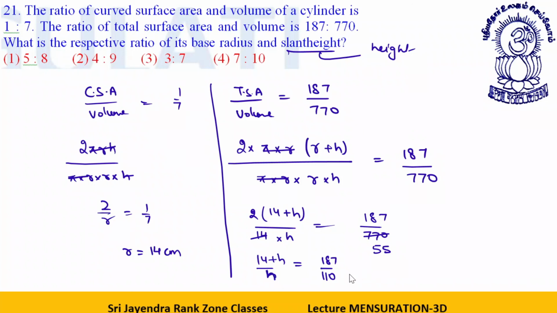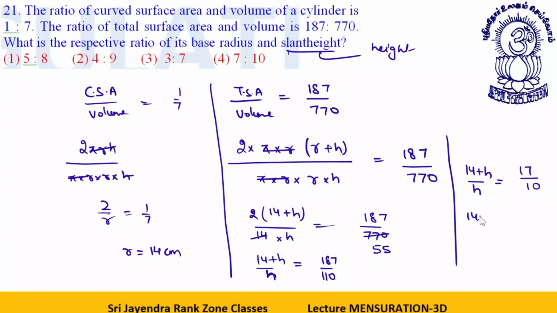Now I can say 14 plus H by H is equal to, if I cancel this by 11, I get 17 by 10.